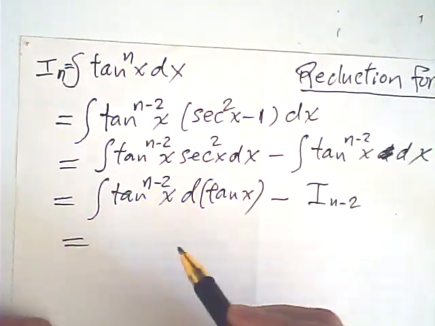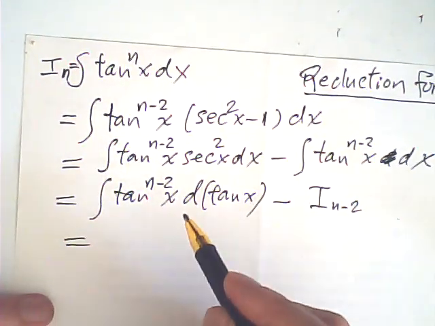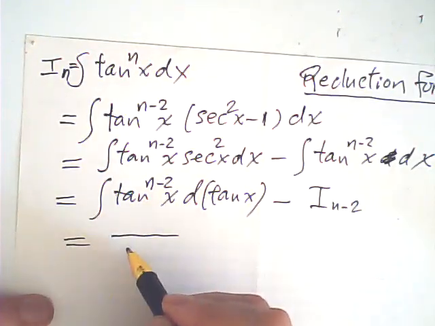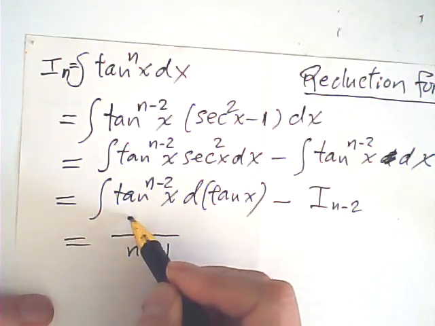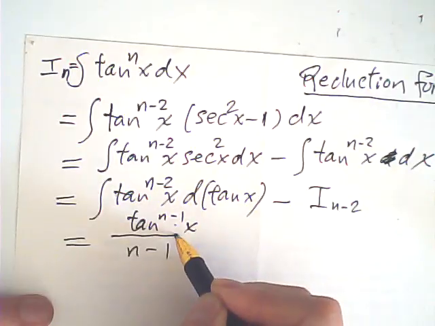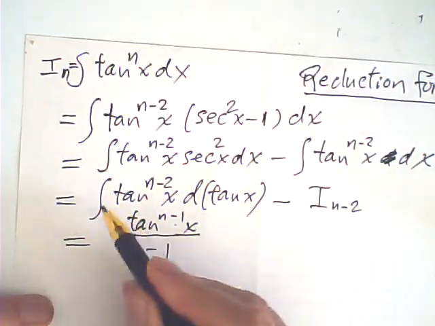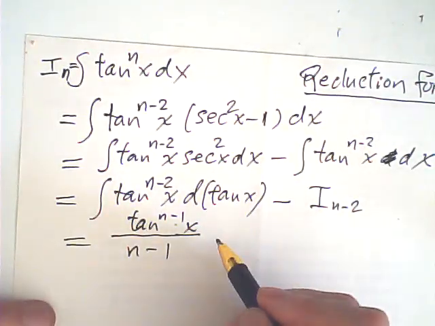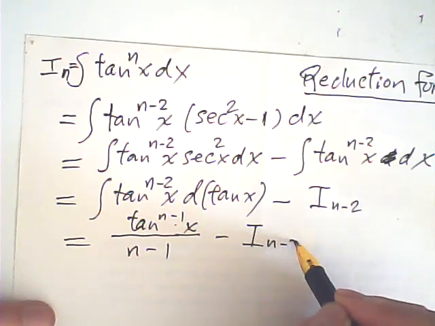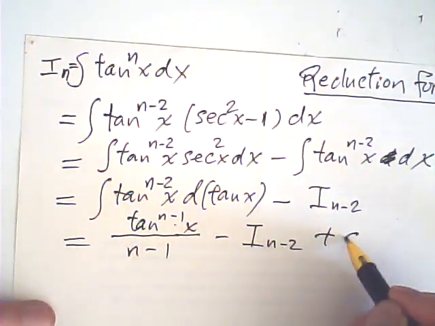Okay, so this one, finally I get 1 over n minus 1 tangent n minus 1 of x, that is this one integral, and minus I sub n minus 2 here plus c.